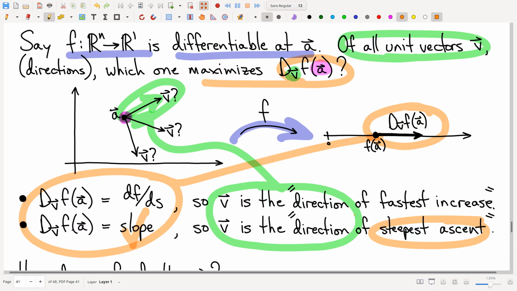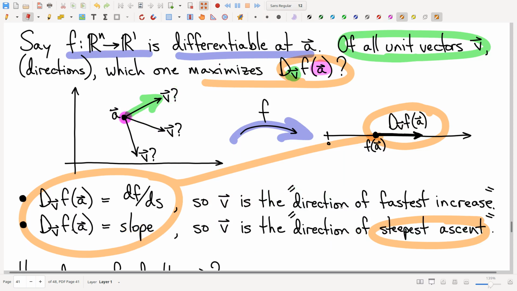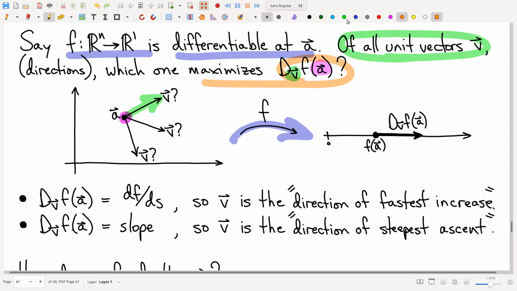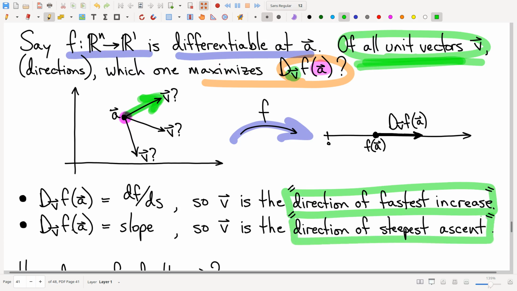Said differently, which direction has you climbing the mountain as fast as possible, ascending as steeply as possible. So you could call it the direction of steepest ascent. So these two different choices, to describe whichever vector it ends up being: direction of fastest increase, direction of steepest ascent. You can use either one of these terms.